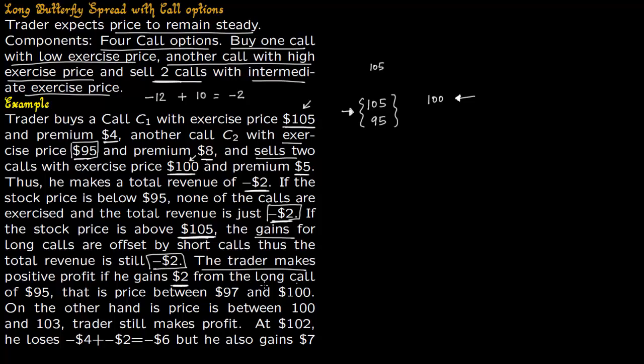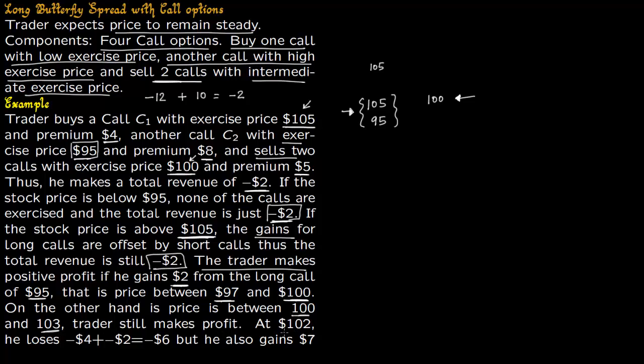He can recover $2 from the long call of 95 if the price is between 97 and 100. Between 97 and 100, he will make some money because he has invested in the call of exercise price $95. On the other hand, if the price is between 100 and 103, the trader still makes a profit.